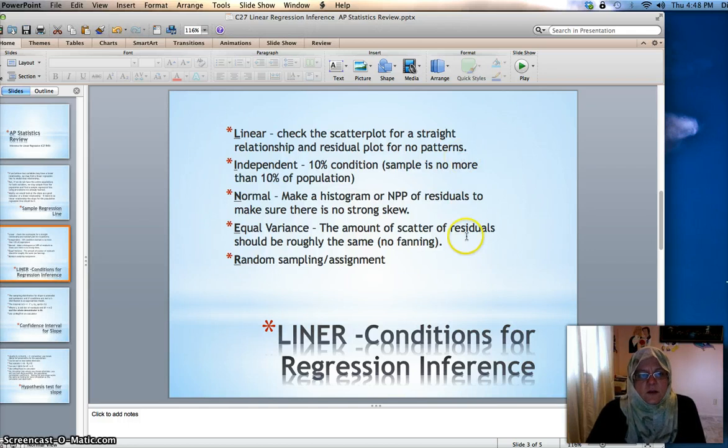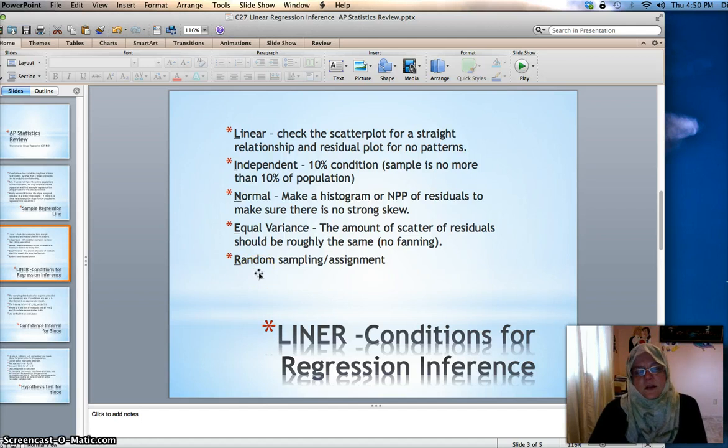There should be roughly equal scatter of the residuals above and below the 0 residual line, and you shouldn't see obvious fanning where the residuals start really small and then get really big, or vice versa. And then the last condition, R, stands for random sampling or random assignment, which you know how to check.